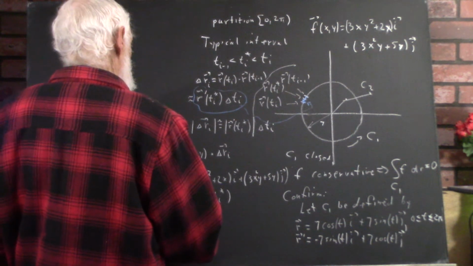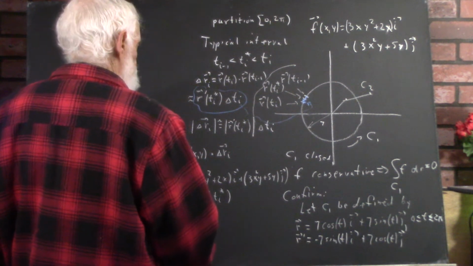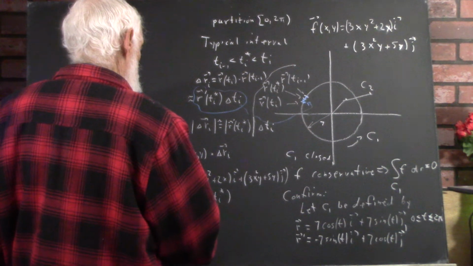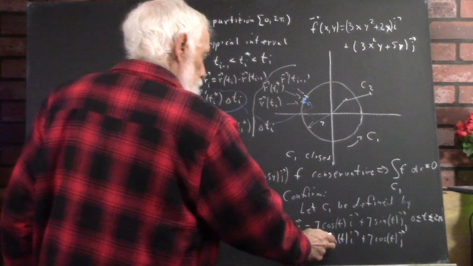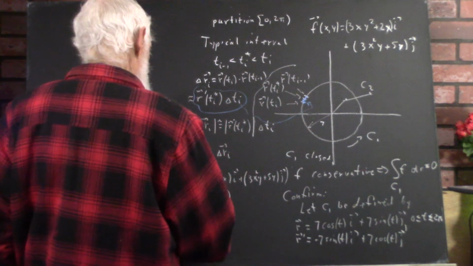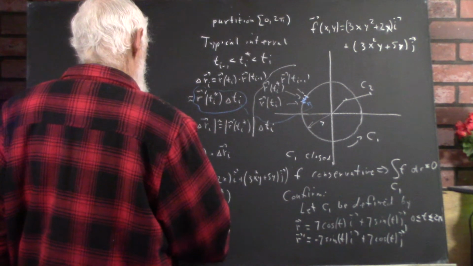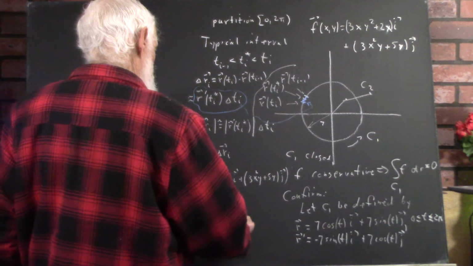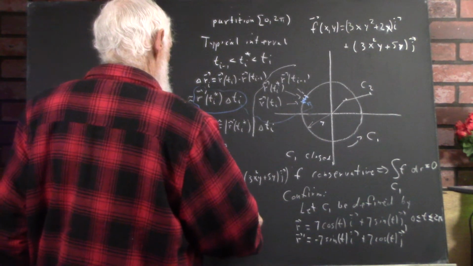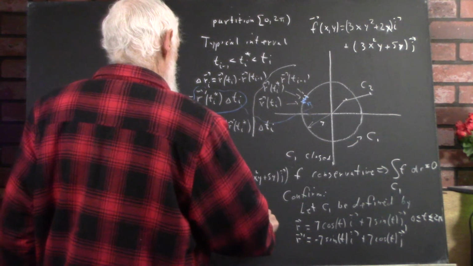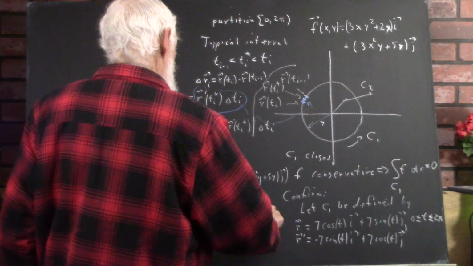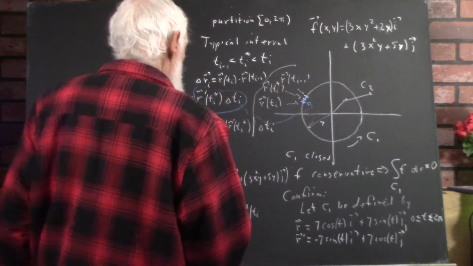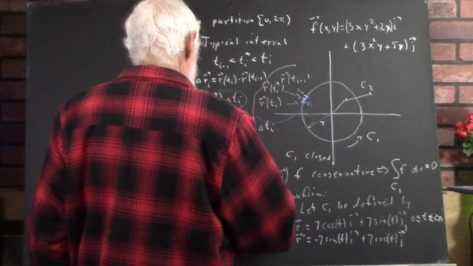So this is going to be quantity 3. x is the cosine of t. And that's, of course, going to be cosine of t_i star sine squared of t_i. And no way I'm going to get this all written here. Now, we'll do what we can here.